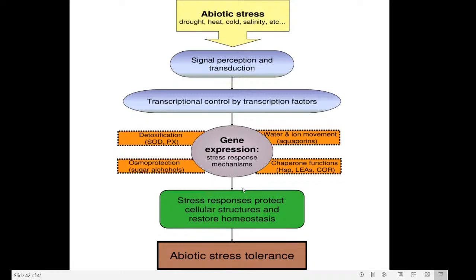After the gene expression, that makes a tolerance. Very important thing, till this step we are discussing the possible ways of this stress. So that step makes a change in these four processes. Those four processes help to balance the plant genetic structure and function. That state is called tolerance.